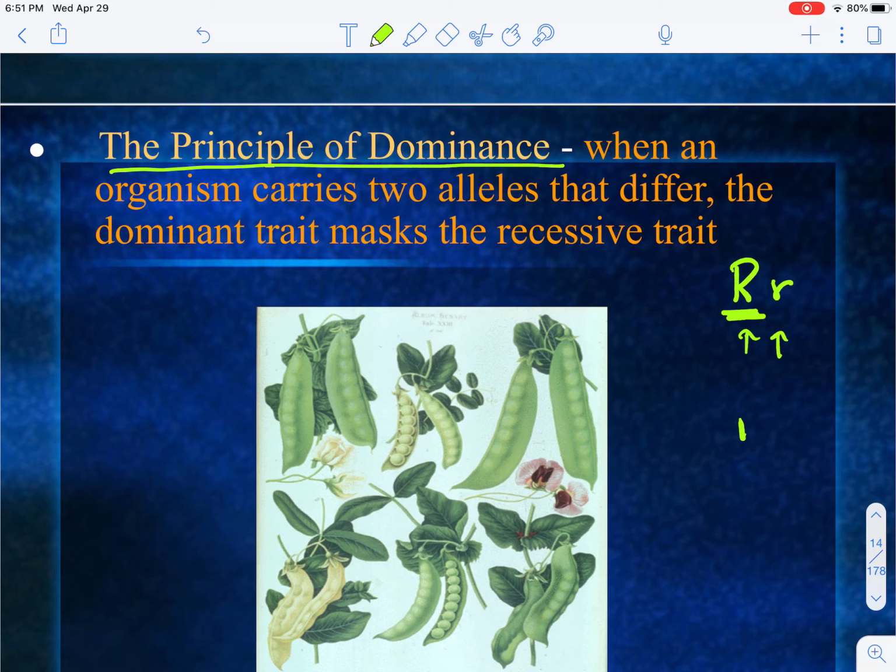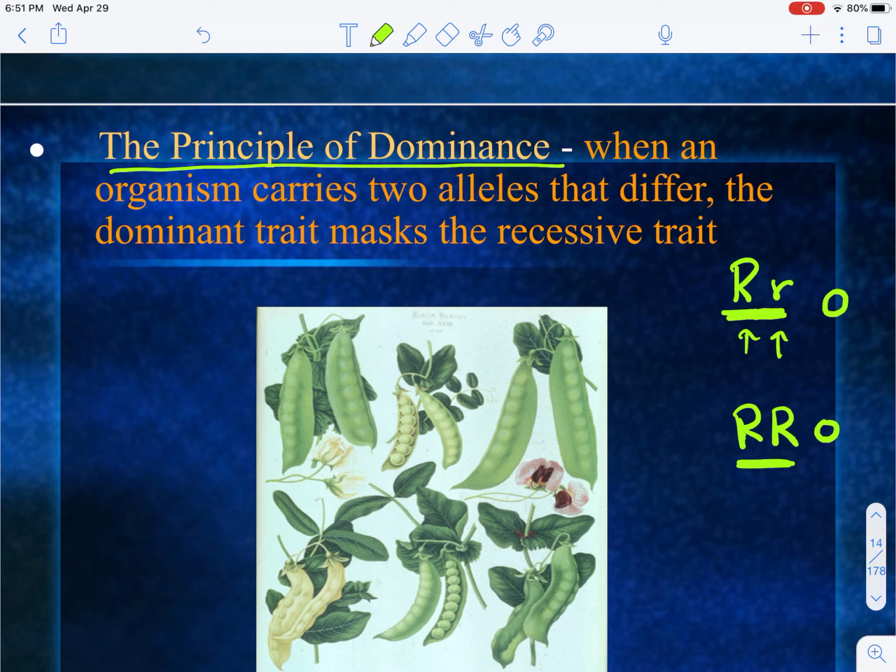You would never know by looking at the seeds whether the parent gave them a plant that had round, because their seeds would be exactly the same round as if they were this combination of round wrinkled, because both of these are exhibiting just the dominant.